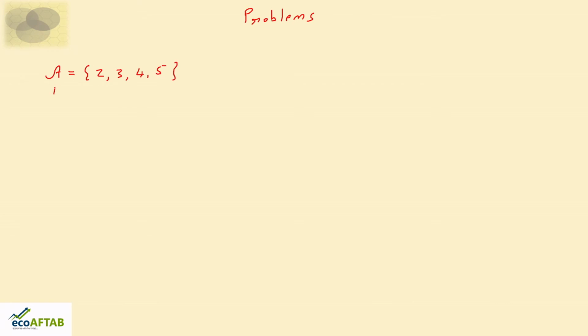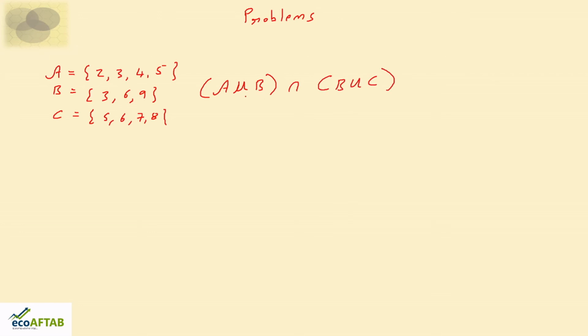There is set B, which has 3 elements, and one more set, set C, which has 5, 6, 7, 8. Now I want to solve this particular operation: A union B intersection B union C. How are we going to solve it?